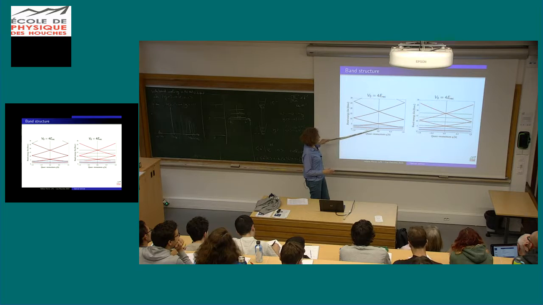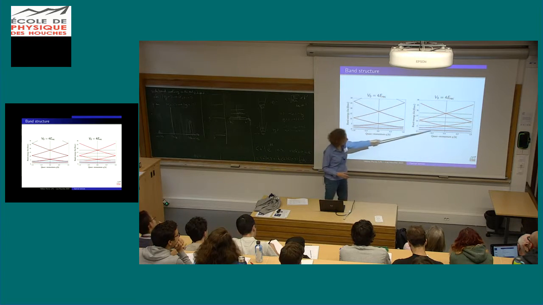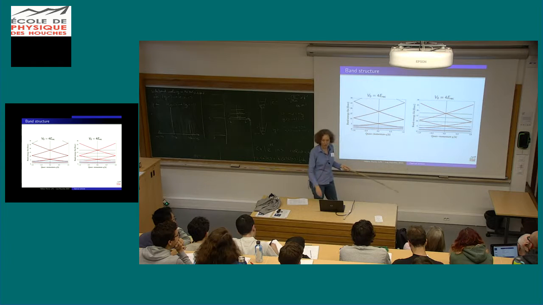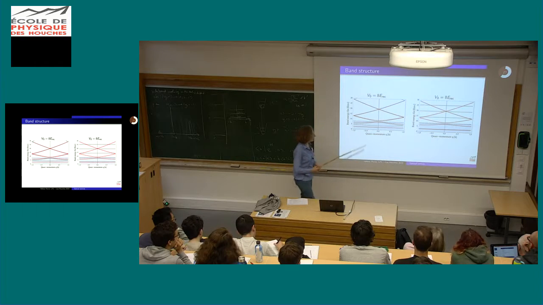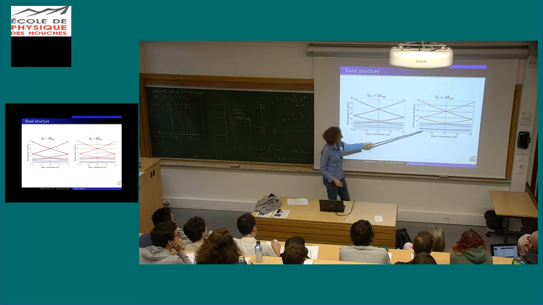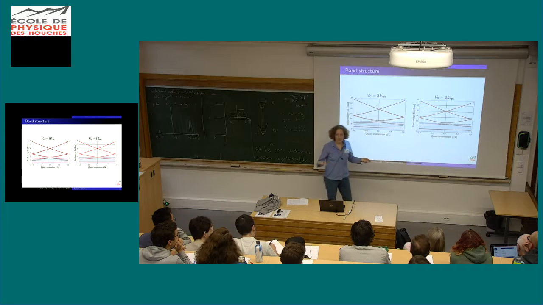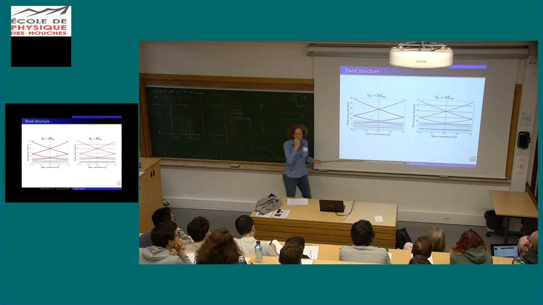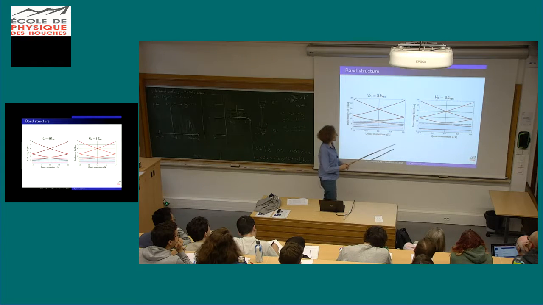It's neither really a free particle at the bottom nor completely frozen in the ground state, but it starts to be frozen. And when I increase V0 further, you see clearly here that now the fundamental band is almost flat. So I'm close to the situation where in the fundamental band the atoms are in a given well.